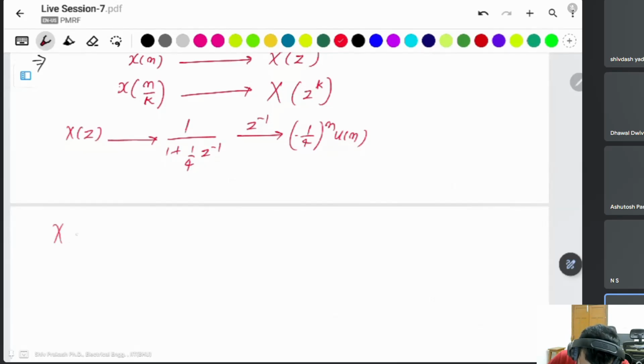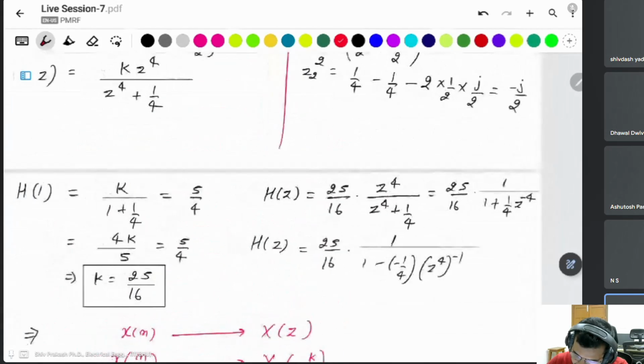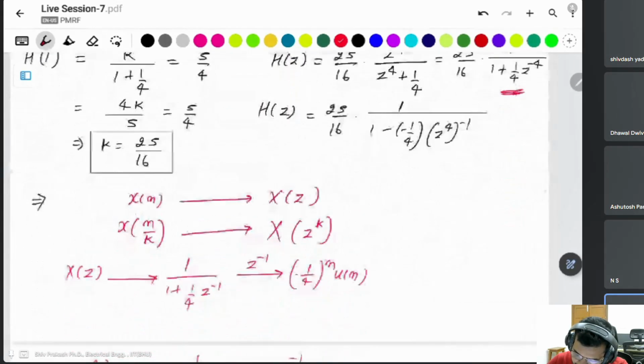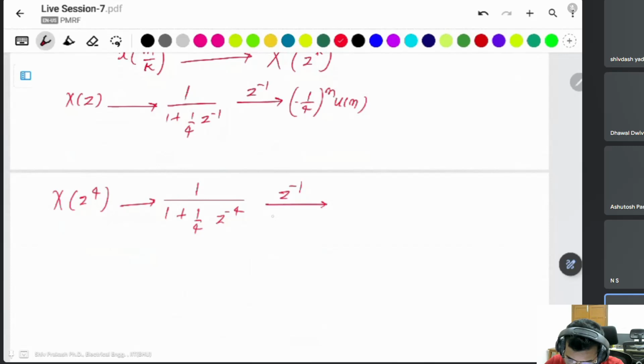What happens if it is z power 4? In place of z we have put z power 4. Then 1 plus 1 by 4 z power 4, it means z power minus 4. It is the same thing in our question. Then what is the inverse z transform of this one?